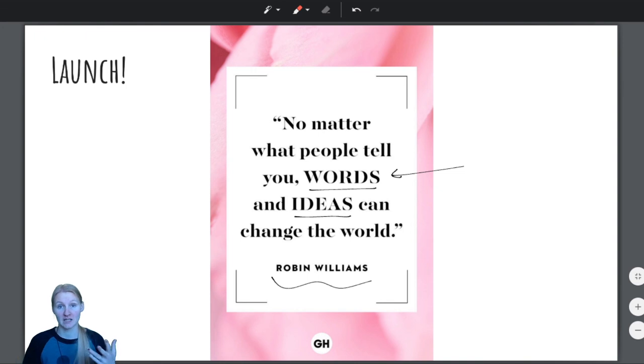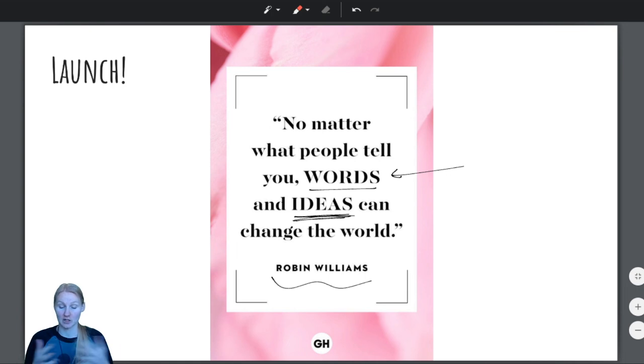The other thing that this makes me think about is ideas can change the world. What ideas do you have that could change your world? Or your friends, a friend's world or something like that. And what ideas are there that could change your world that you don't even know exist?